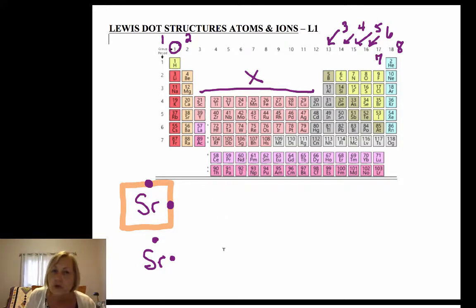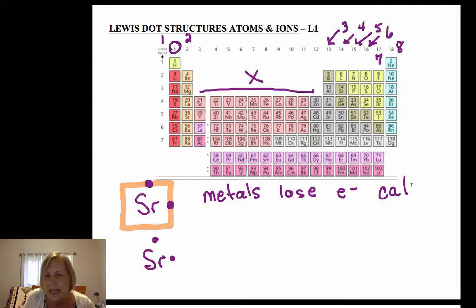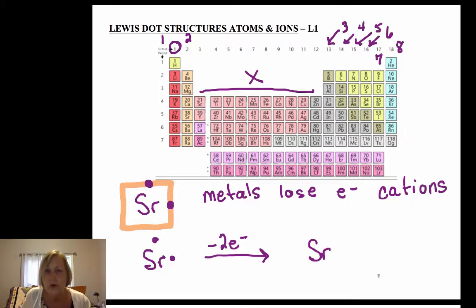Now strontium is a metal, and metals are losers in the electron game, so they're going to lose electrons to form cations. Strontium is going to lose those 2 electrons. So it's going to have no dots around it because it lost those 2 electrons. How do I distinguish this as a Lewis dot structure of an ion?